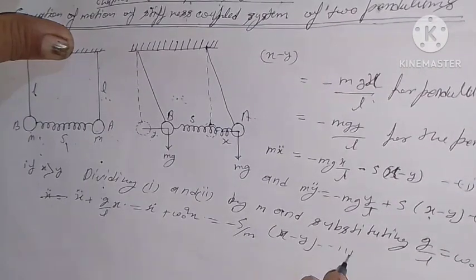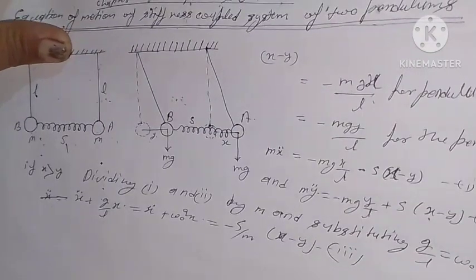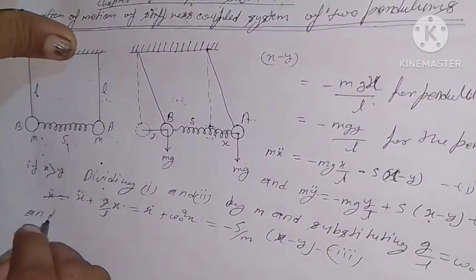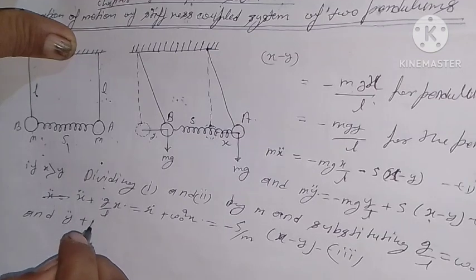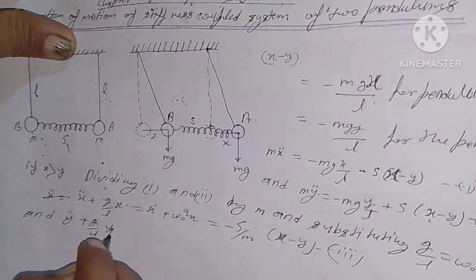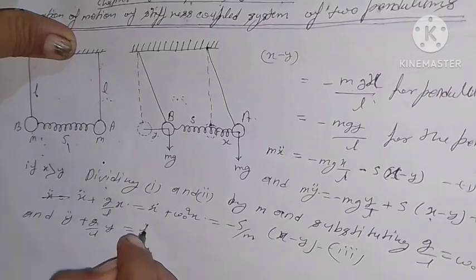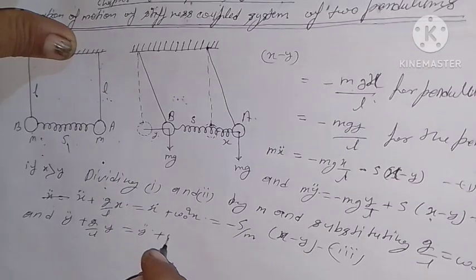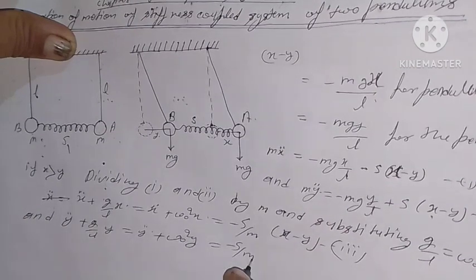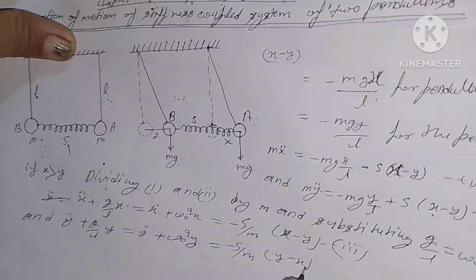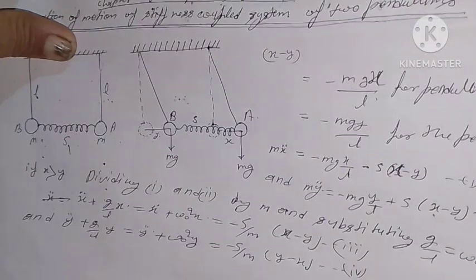That is equation number 3. And d²y/dt² plus g by L y, equal to d²y/dt² plus omega naught square y, equal to minus s by m (y minus x). This is equation number 4.